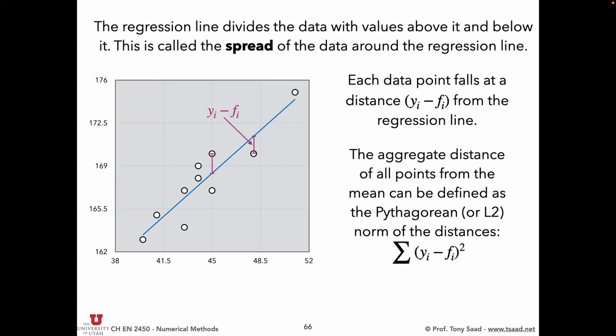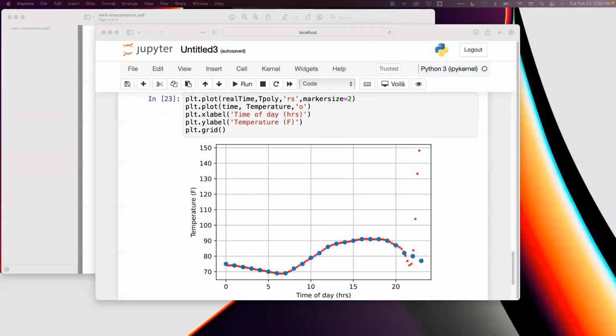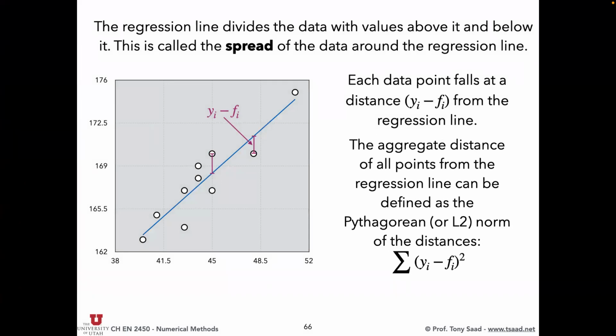All right, so now, exactly as we did with the mean, the aggregate distance of all points from the mean, not the mean, this is a typo here, the aggregate distance of all points from the regression line, let me fix this right now. The average distance of all points from the regression line can be defined as the L2 norm of the distances yi minus fi squared.